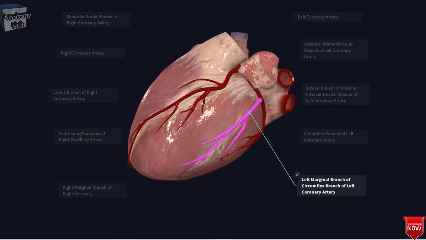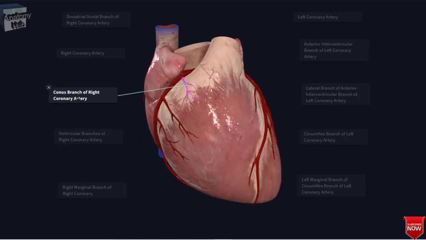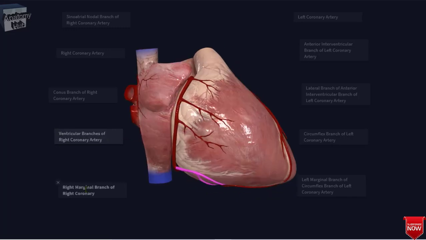Like that, here you will find the conus branch of the right coronary artery, the ventricular branch of the right coronary artery, and the right marginal branch of the right coronary artery.